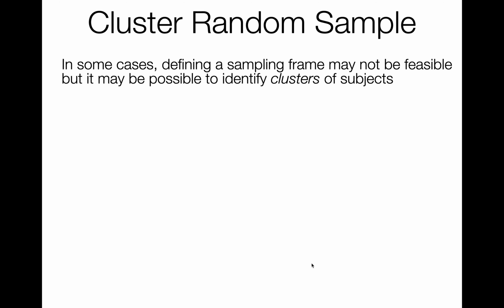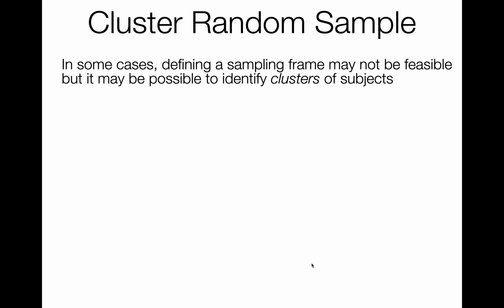Now, the second one is called cluster random sampling. In some cases, defining a sampling frame may not be feasible, but it may be possible to identify clusters of different subjects. So sometimes sampling is going to be hard. Shippensburg would be easy, but if I were to try to sample the whole United States, that of course would be really hard, because there are a lot of people and very little of them probably want to talk to me.